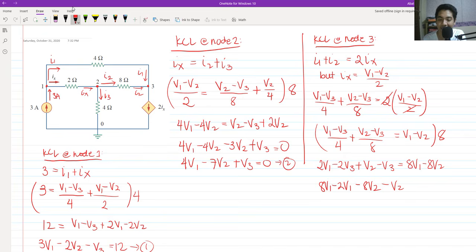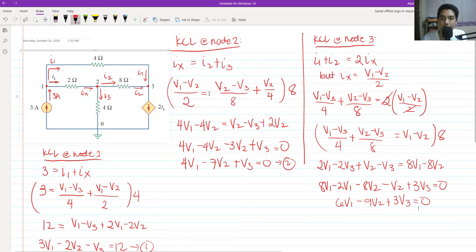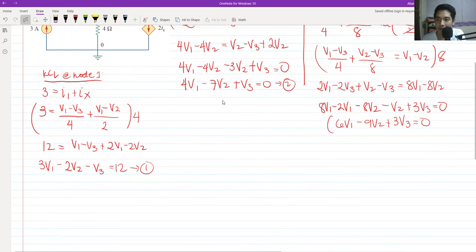This becomes negative 3V3. Transposed, it becomes 3V3 equals 0. So we have 6V1 minus 9V2 plus 3V3 equals 0. They are all divisible by 3, so we can divide them by 3. So we have 2V1 minus 3V2 plus V3 equals 0.